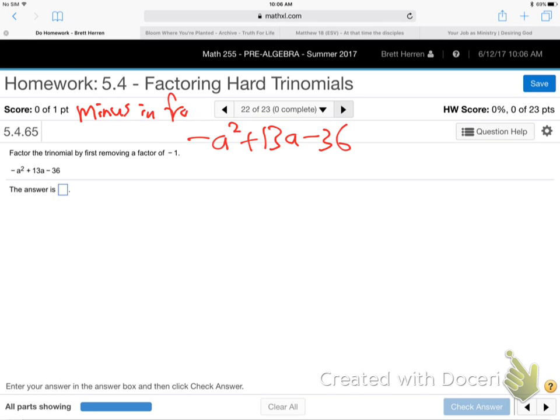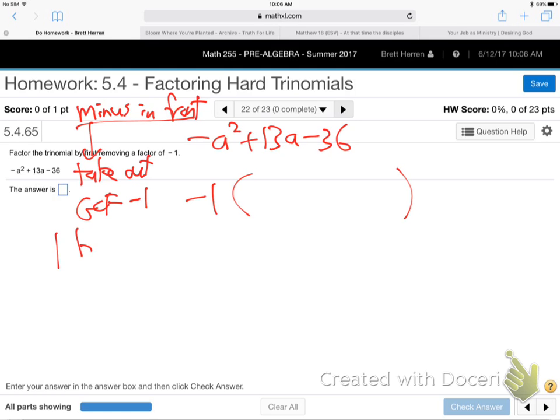Minus in the front. What do you do? Take out GCF minus 1. 1 big parenthesis, all signs inside change.